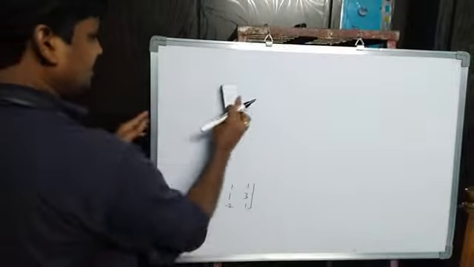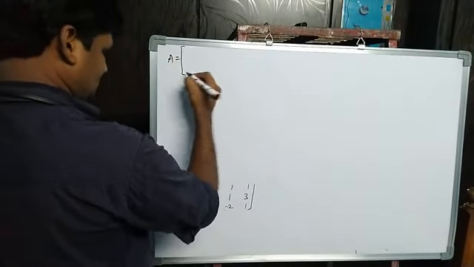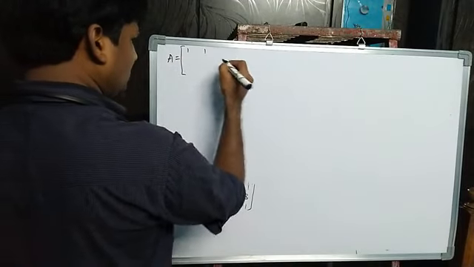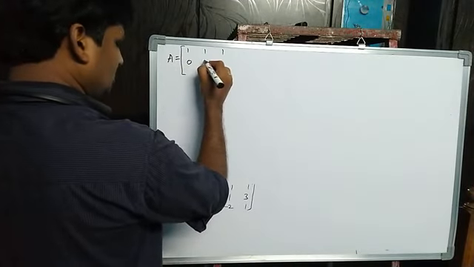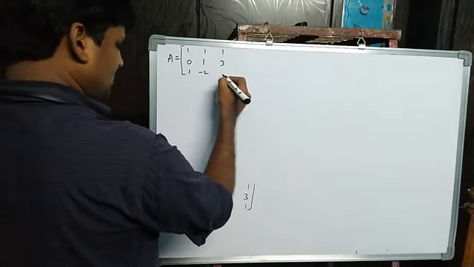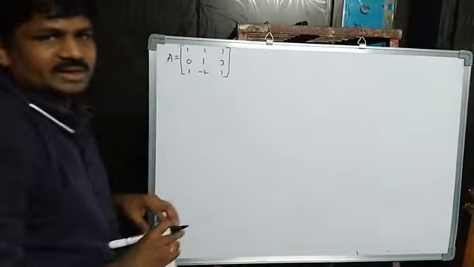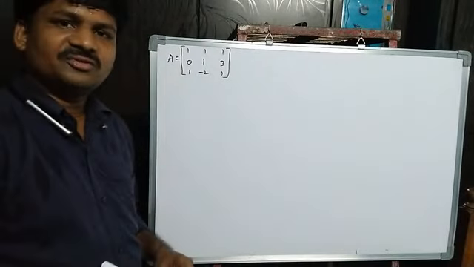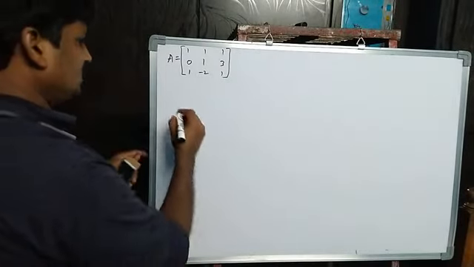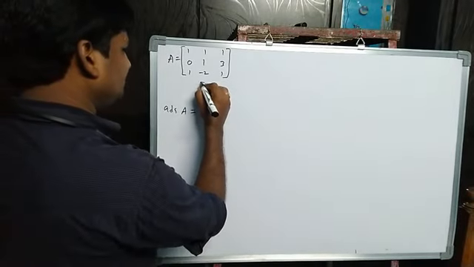I am writing again matrix A here: 1, 1, 1, 0, 1, 3, 1, minus 2, 1. This is matrix A. Now I am going to find adjoint A. Adjoint A means transpose of the cofactor matrix of A. How do we have to find it?